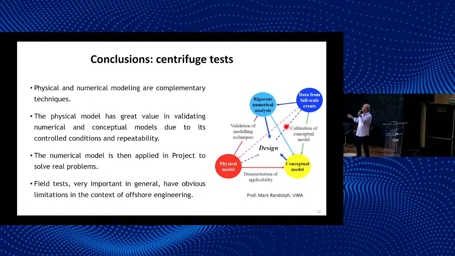You see here field tests. How can you do a full-size field test on a monopile? Impossible. I can do embankments on soft clays, where the structure is quite low, but not in the offshore environment. It's quite challenging and difficult. So that shows the great importance of physical modeling in the offshore industry.